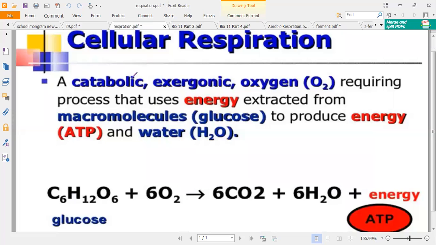Dear students, you know that cellular respiration is very different from the breathing process. Breathing is just taking in and taking out of oxygen and carbon dioxide, but in cellular respiration, the breakdown of glucose is done in the presence of oxygen. So it is a catabolic, exergonic, oxygen requiring process that uses energy extracted from macromolecules, which is from glucose, and produces energy and water.